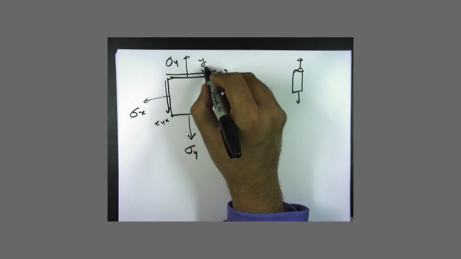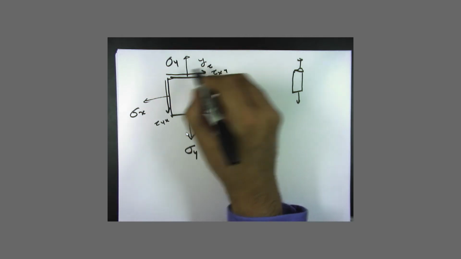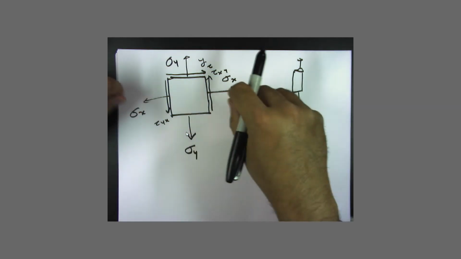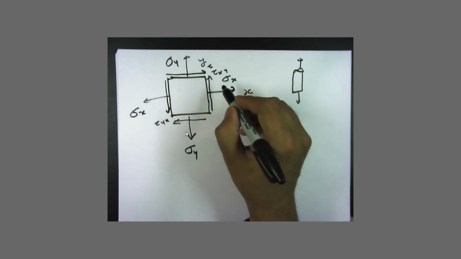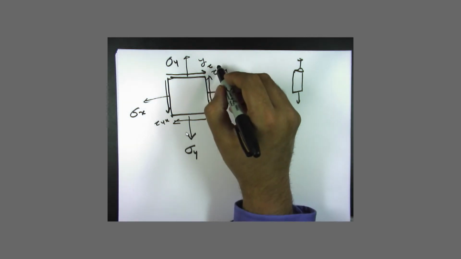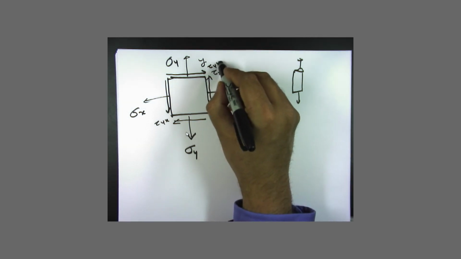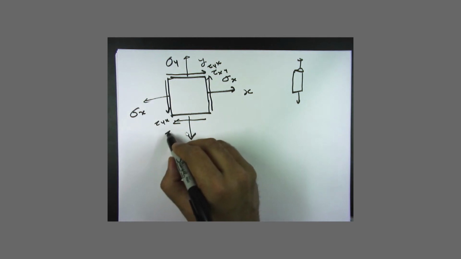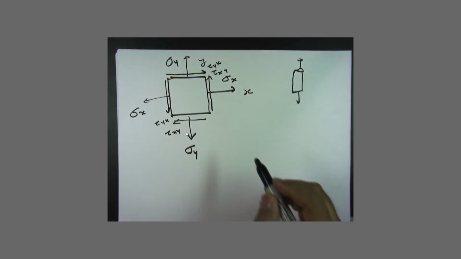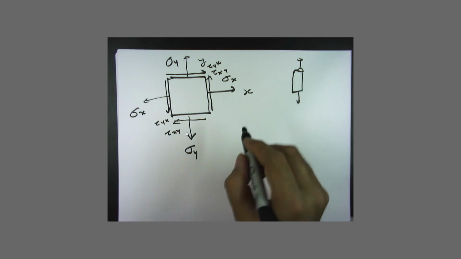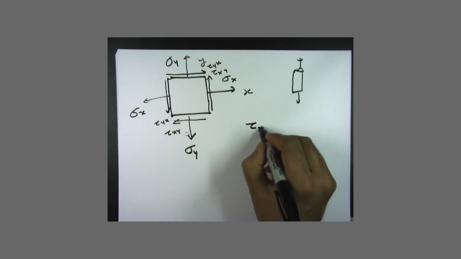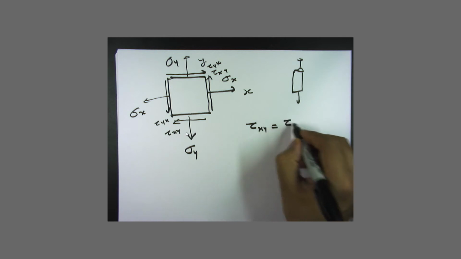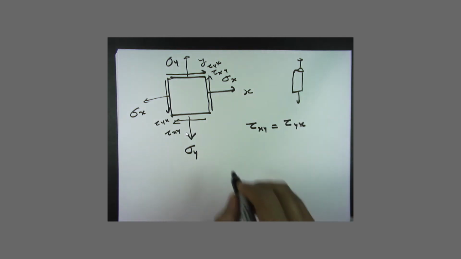Similarly, in this case you can look at another tau because I am stretching in the x direction. Now, there are these shear forces acting, and that becomes tau y x, and this becomes tau x y. By symmetry, what we are saying is tau x y is equal to tau y x, shear forces in both cases.